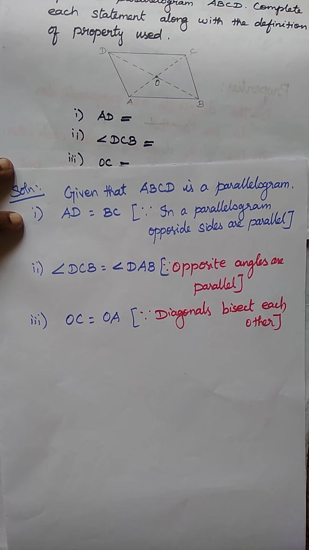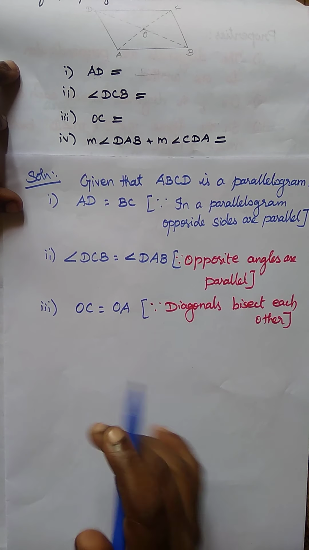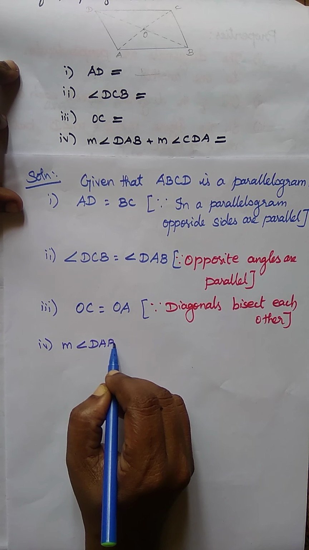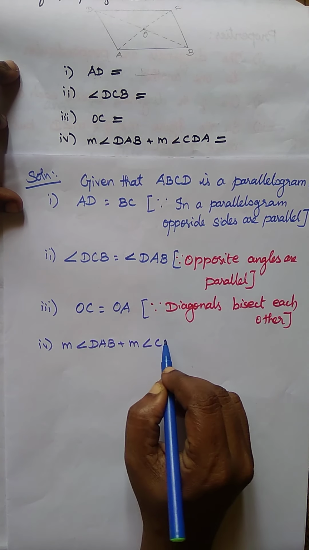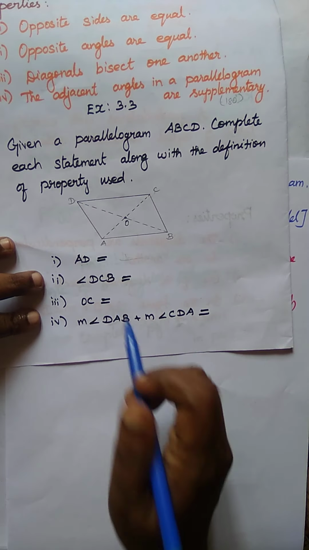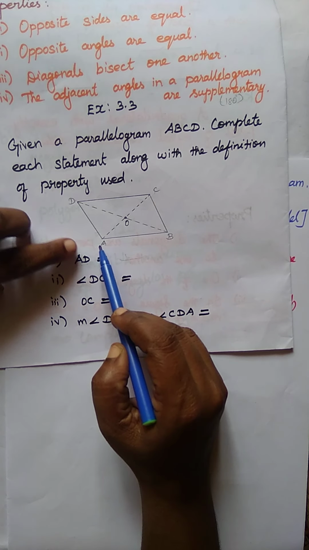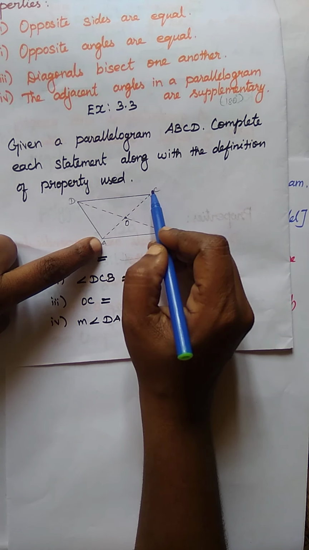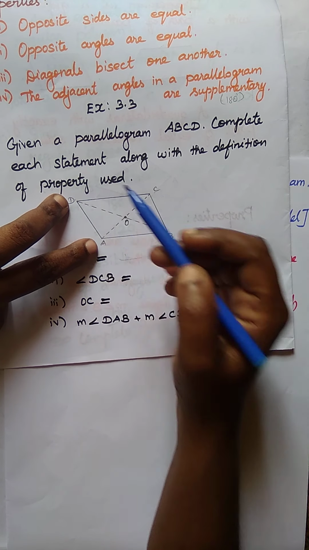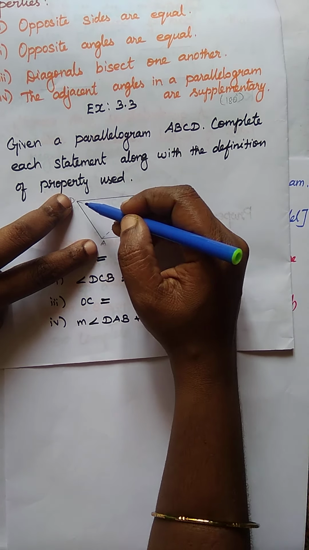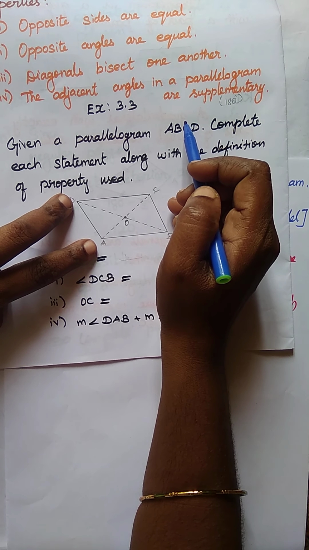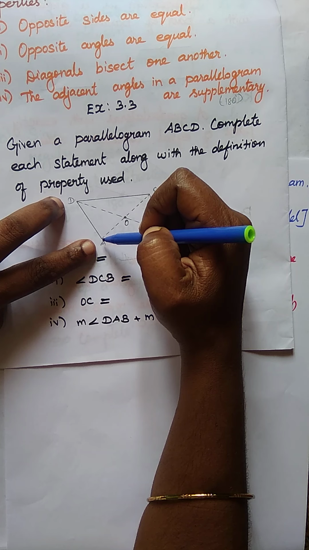What is the fourth one? Angle DAB plus angle CDA is equal to what? See the diagram. DAB is this part, then CDA is this one. So when angle A and angle D are added, what is that? In the fourth one, the adjacent angles in a parallelogram are supplementary. D and A are adjacent angles.